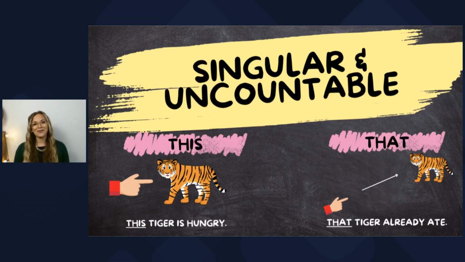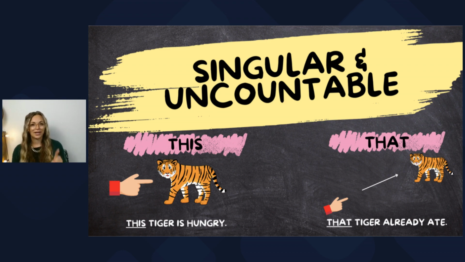Pointing to something or someone. We use this and that for singular and uncountable nouns. More on uncountable later. If an object or person is close to you in your area and it's singular or uncountable, use this.